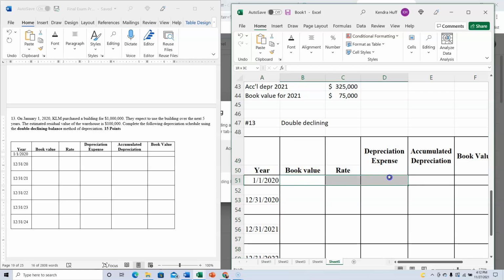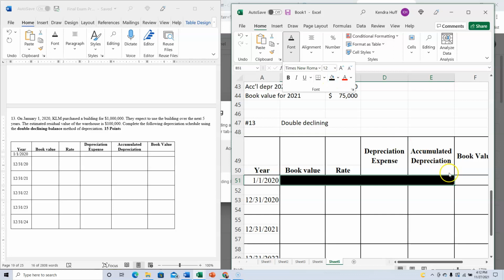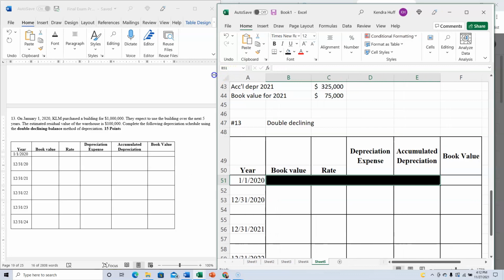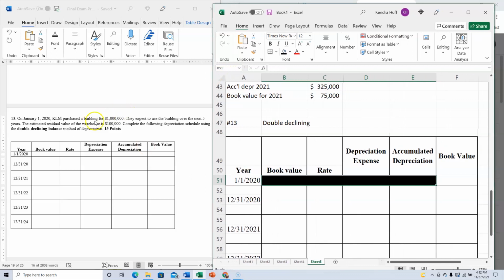So this first line is the first year, so don't put anything in that first column. But we start off with the book value. We start off with a book value of $1 million. That's our cost at the beginning. Alright, these are all going to be dollars.